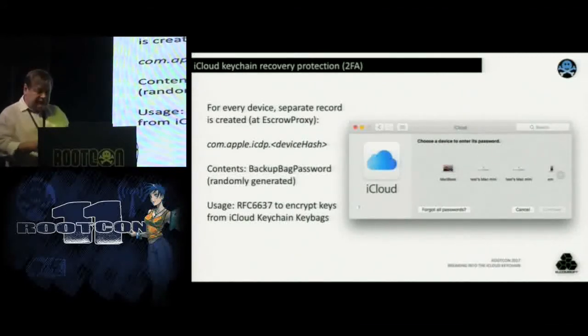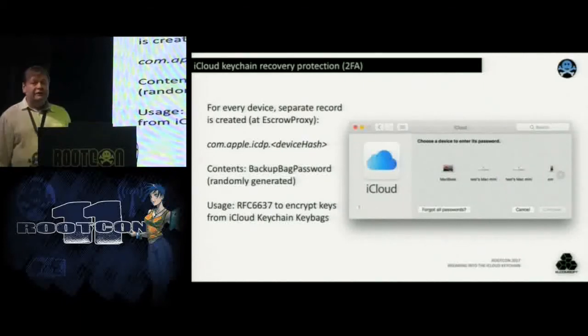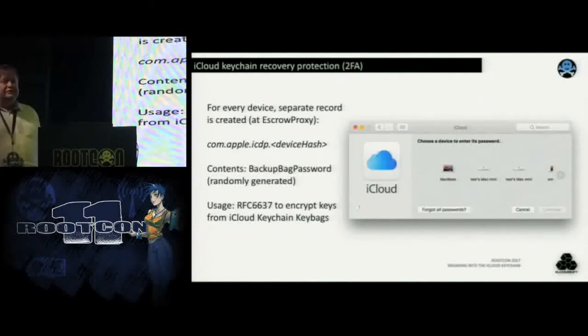For every device that is in the trusted circle, as I said, the list of devices that can access the keychain, a separate record is created in the escrow proxy to be able to recover the keychain using the passcode, or to add a new device to the iCloud Keychain by entering the passcode of any of those devices.